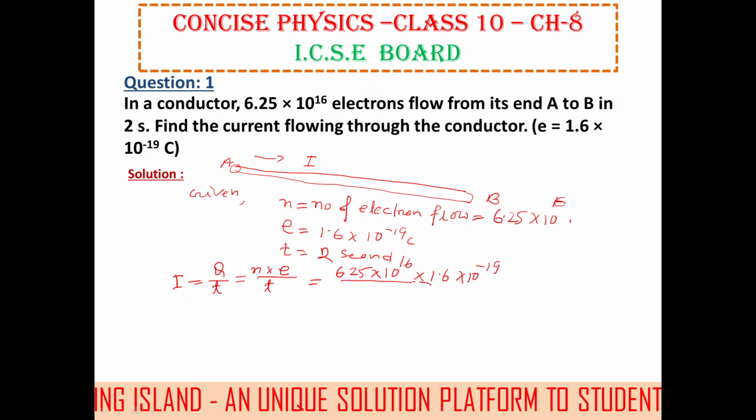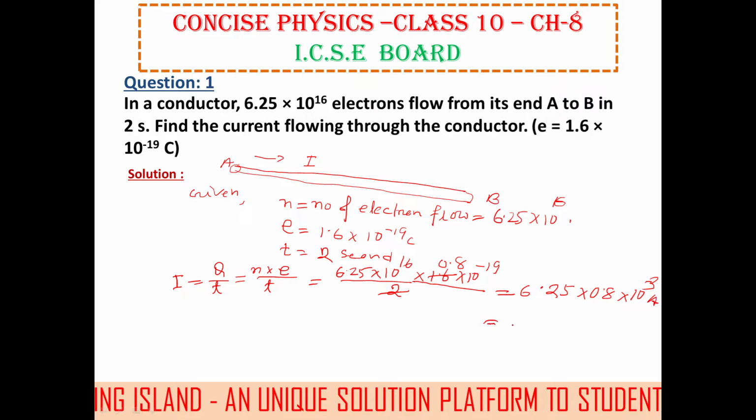The time is 2 seconds. Making the simplification, if I cut 2, this will come 0.8. So finally I am getting 6.25 into 0.8 into 10 to the power 16 plus minus 19, so it will be minus 3. The unit will be ampere.